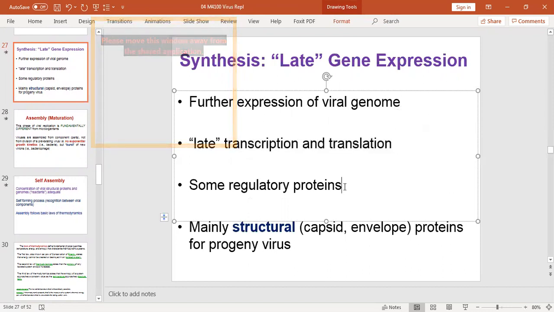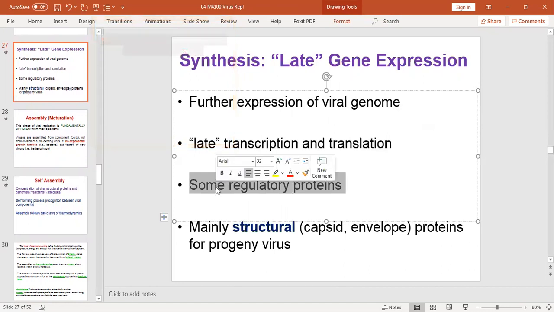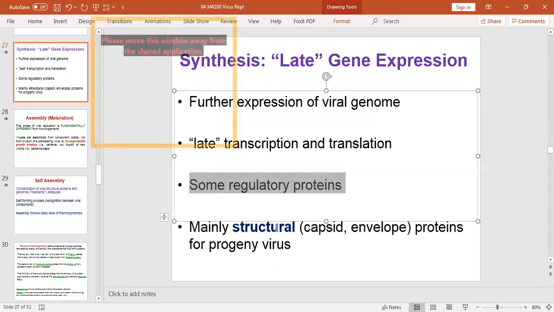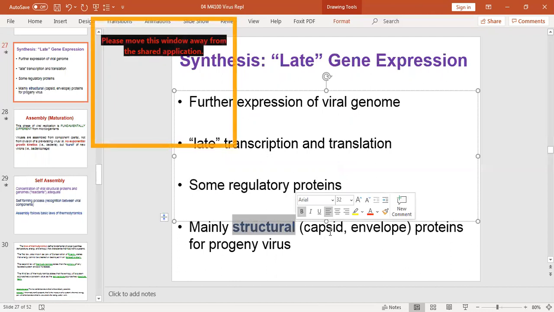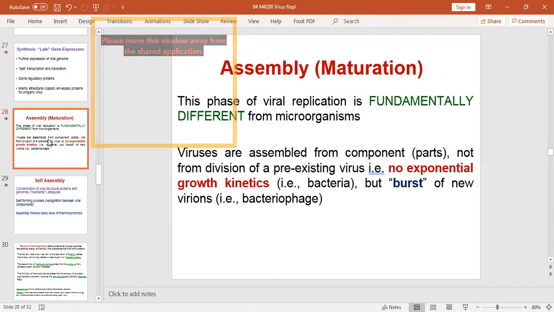This results in the production of some regulatory proteins, but mainly structural proteins, those proteins that form the capsid and envelope. And these are proteins that are necessary for the assembly of progeny viruses. The next phase is assembly or maturation.